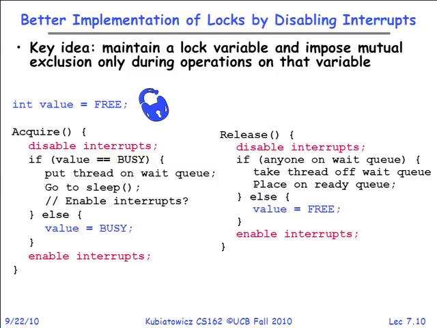They say, is anybody in the wait queue? Well, yes, they were put on over here. Take them off the wait queue, put them on the ready queue, at which point they'll wake up and fall through here. Notice that in this arm we didn't set value to free again, so we're going to keep the lock taken, and this guy will just fall through and run.